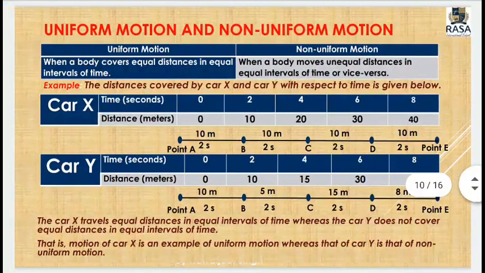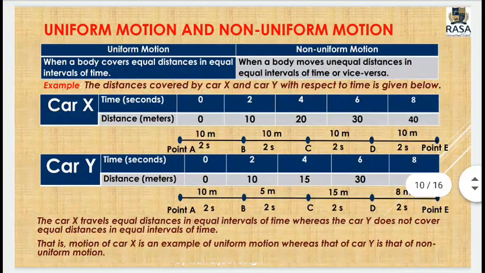Uniform and non-uniform motion. Uniform motion is a motion where the object travels equal distance in equal intervals of time. Like you can see in car X over here, time is given as well as the distance traveled in a particular time. From point A to point E, you can see that in every 2 seconds the object travels 10 meters.